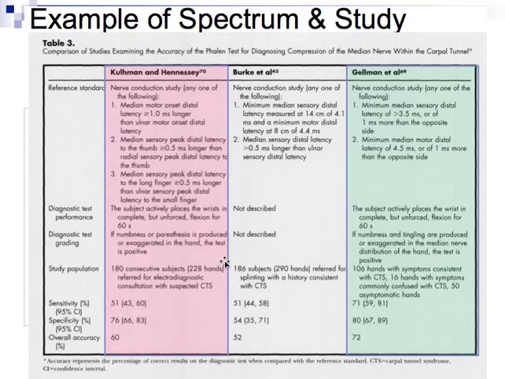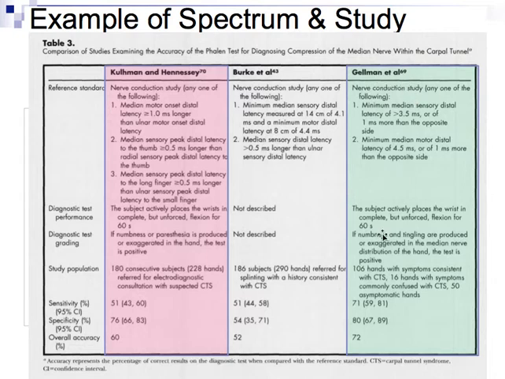And so what we want to look at to understand why design makes such a big difference, let's focus in for a minute on the samples, because they're really what's determining the design in this case. For the Coleman and Hennessy study, we see 180 consecutive patients referred for electrodiagnostic testing. They also did the Phelan's test on them and compared how well the Phelan's test predicted the electrodiagnostic test.